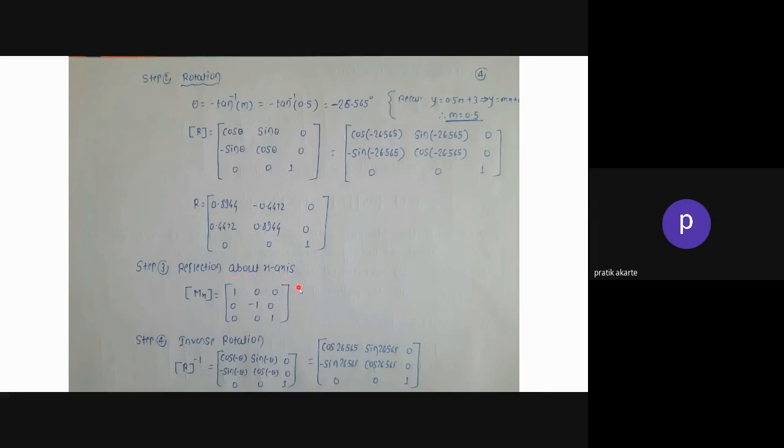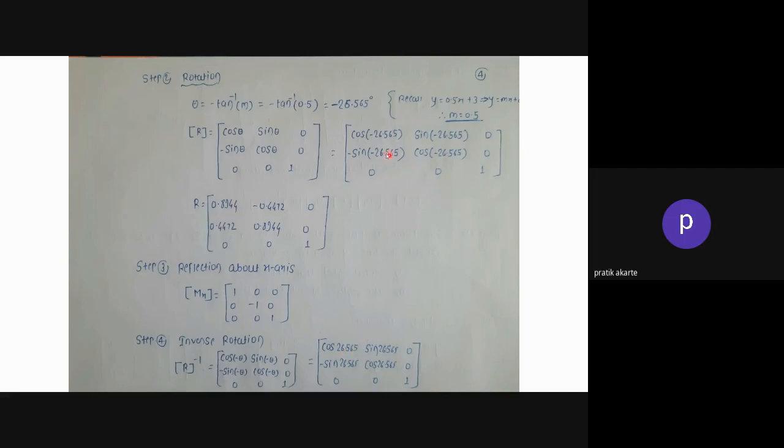Step number 3 we have performed, then we have to reposition the line and the entity to its initial position. For that we are making use of inverse rotation. We are rotating the line by an angle 26.565 so that the line will now pass through the origin.